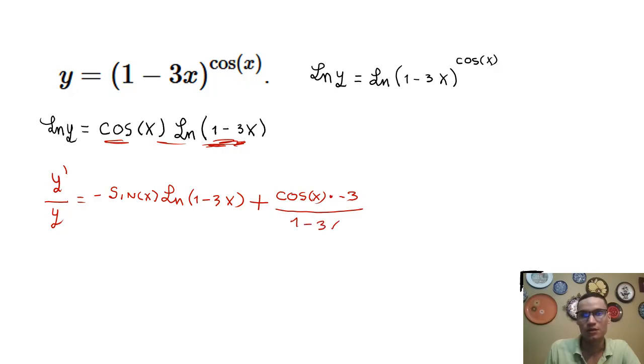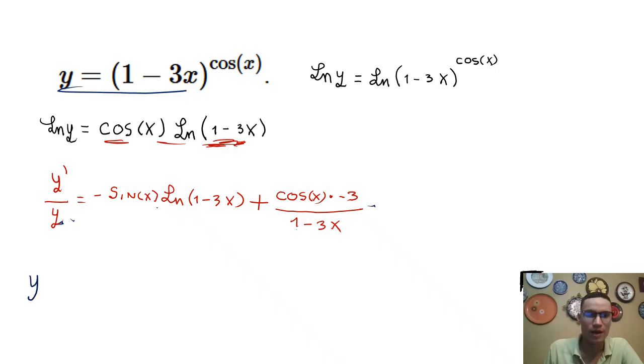So what we have to do next is to put this y multiplying here, and we replace this y with the original value of y. And we operate this algebraically a little bit.